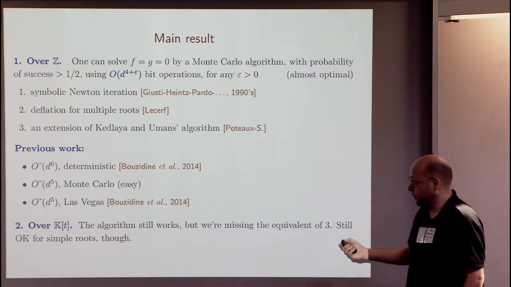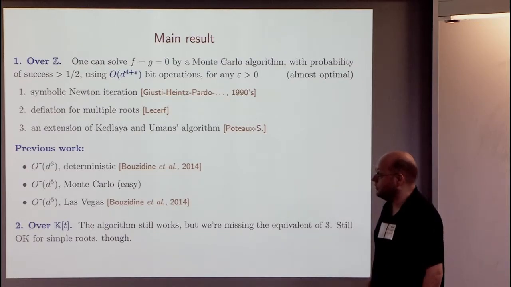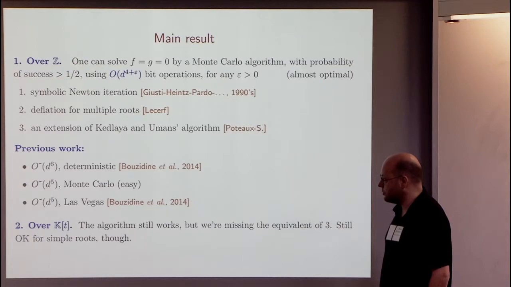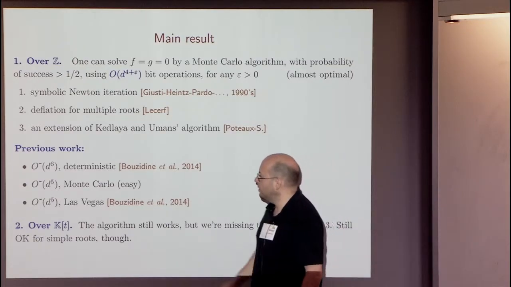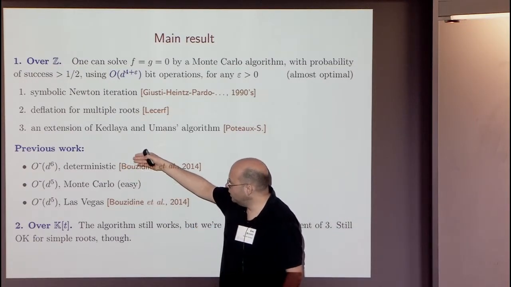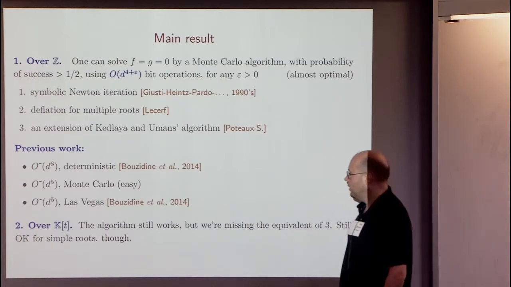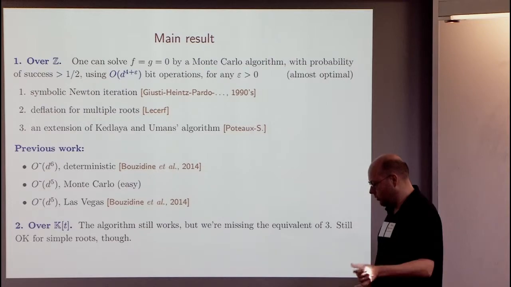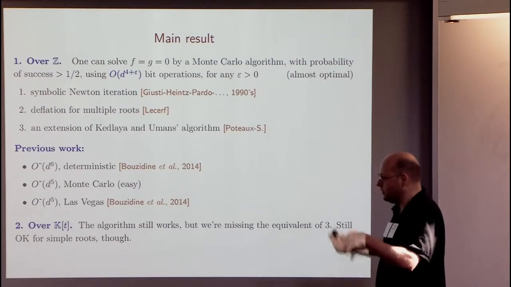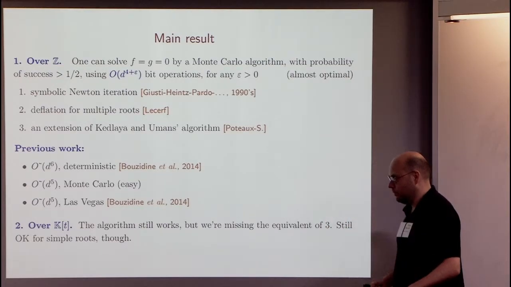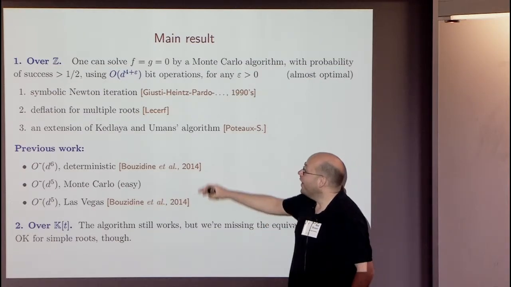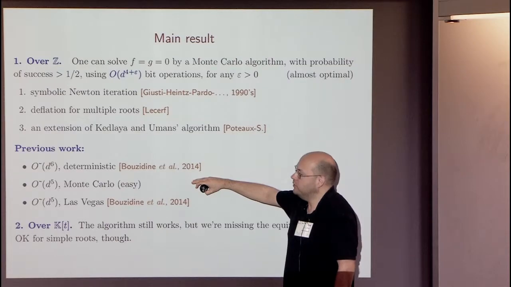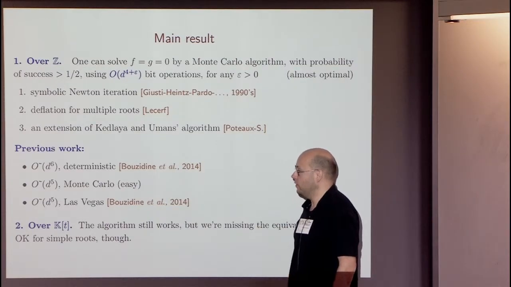I said at the very beginning that it's not too hard to find polynomial time deterministic algorithms for all these, and that's true. The best deterministic result is here, by Bouzidi, Lazard, Moroz, Rouillier, and Pouget, so not in the proper order: d to the 6, d to the 5 in the Las Vegas context, and d to the 5 Monte Carlo is easy to find.